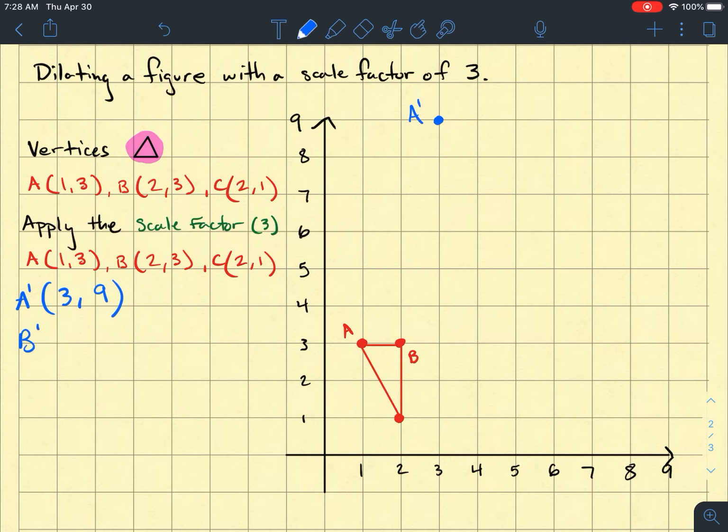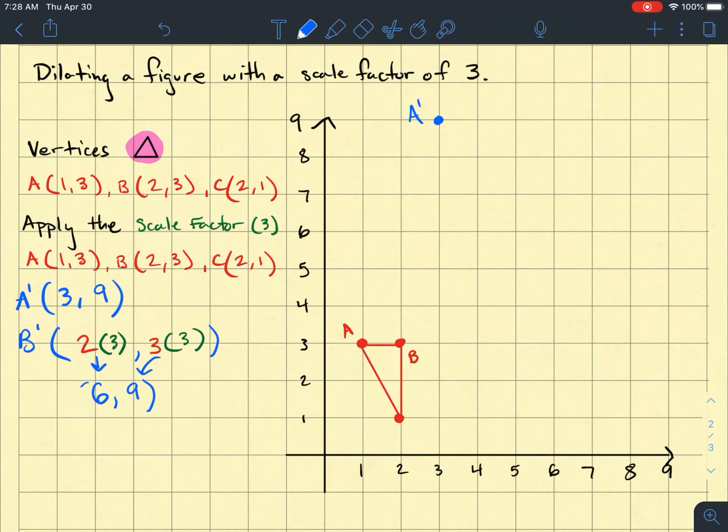And now let's look at B. B prime. The original B's location is at 2 and 3, right? We're going to multiply each of those numbers by our scale factor, and once we do that, we'll get the location of our new B. So what is 2 times 3? 6.